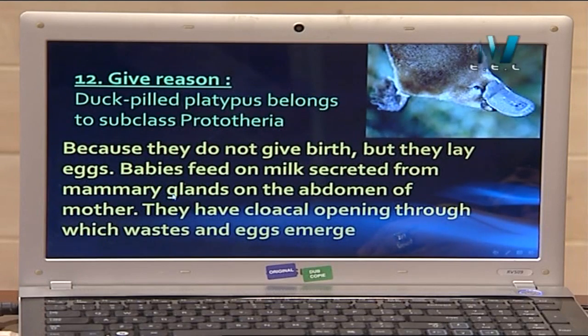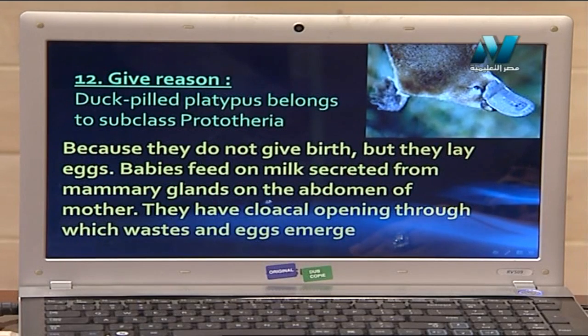If a living organism suckles its young with milk by mammary glands, we put it in Mammalia. But this kind of duck lays eggs. For that we put it in a special subclass called Prototheria.